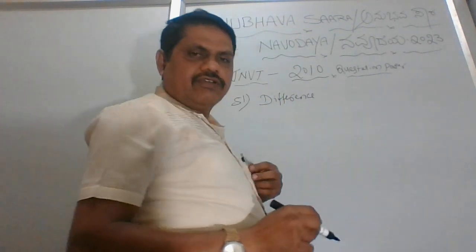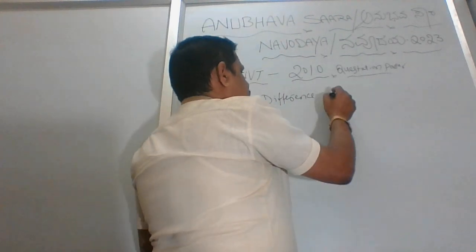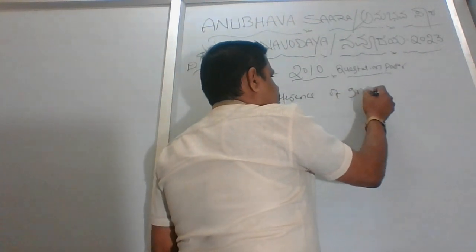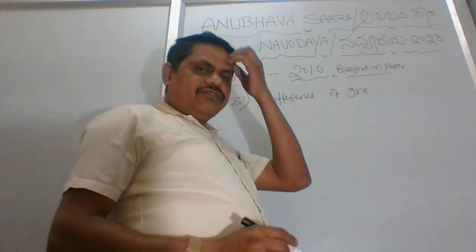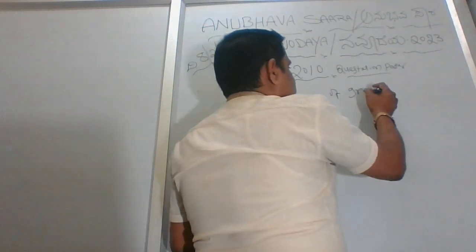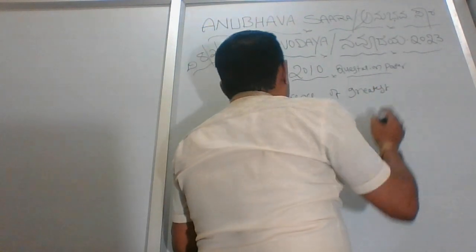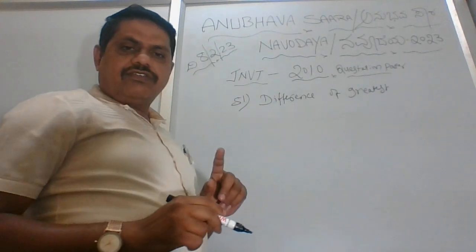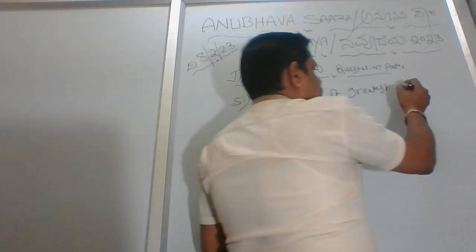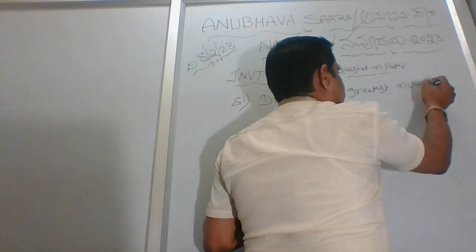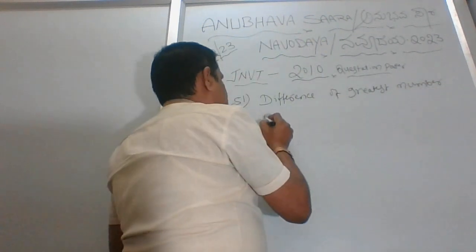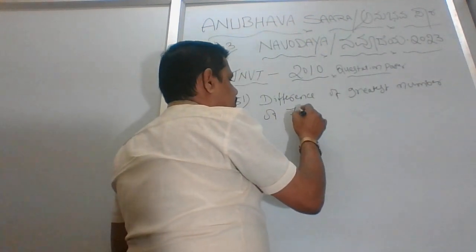Difference of greatest number of 7 digits to the smallest number of 8 digits.